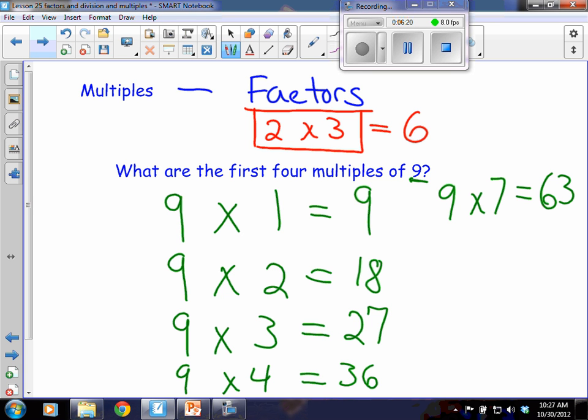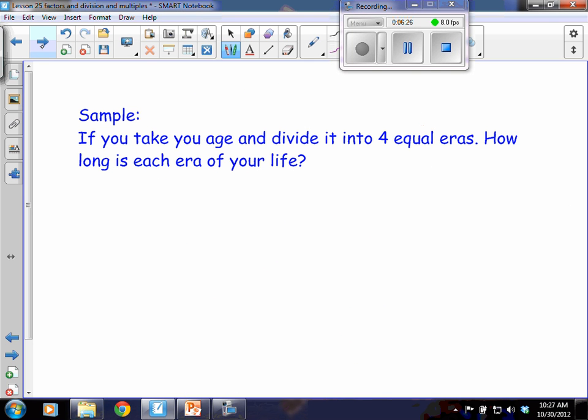So we want to be clear about the difference between multiples and factors. Then I'll leave you with a sample problem, and you can start working with this idea of mixed numbers as answers to division problems, and we'll continue working with multiples as we work through the year.